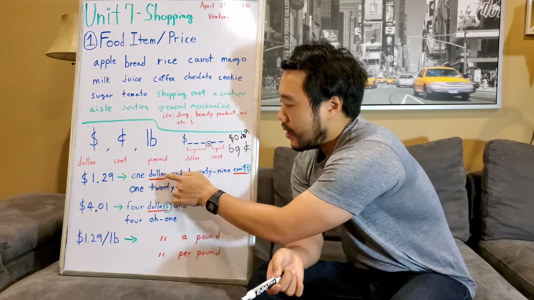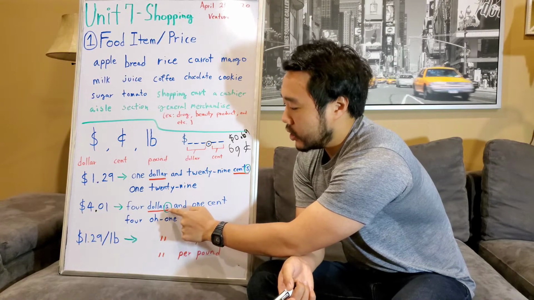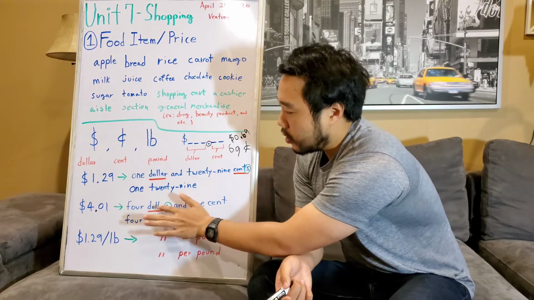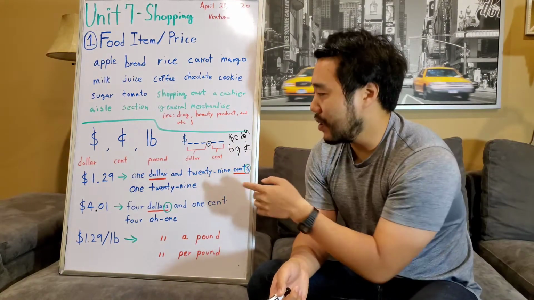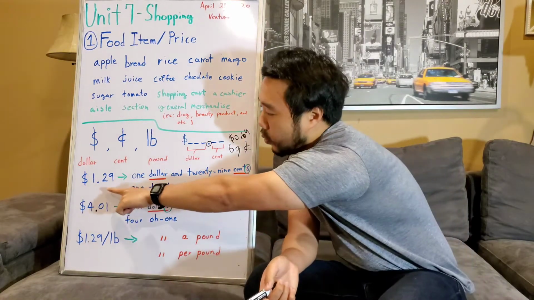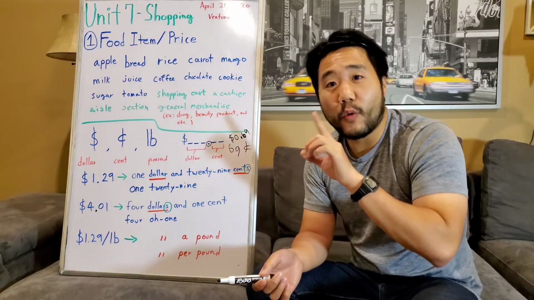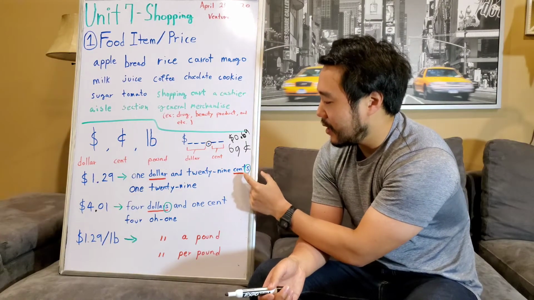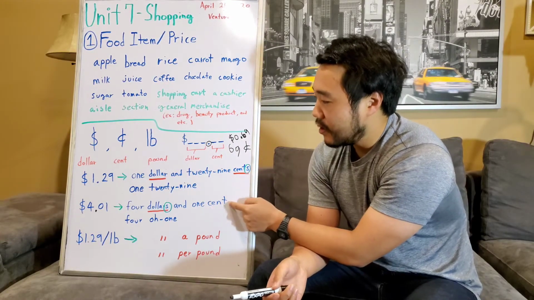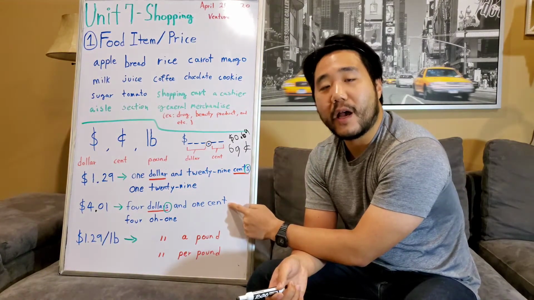The same applies to the cents. Here we have 29 cents. There are 29, so more than 1 cent, so we have to use the plural S, C-E-N-T-S. But here there's only 1 cent, so we don't have to add the letter S.